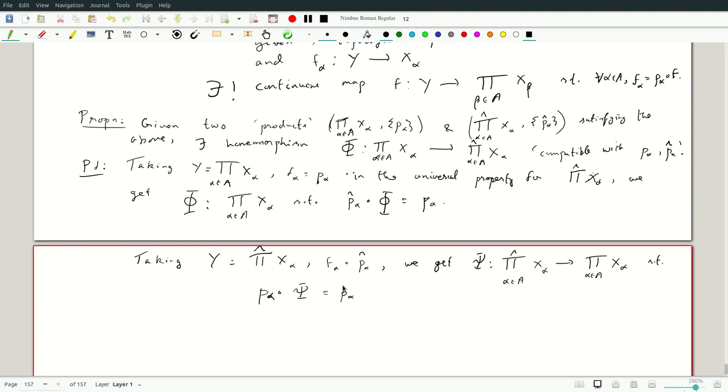This gives me the given maps P alpha hat, which were the f hat. Okay.